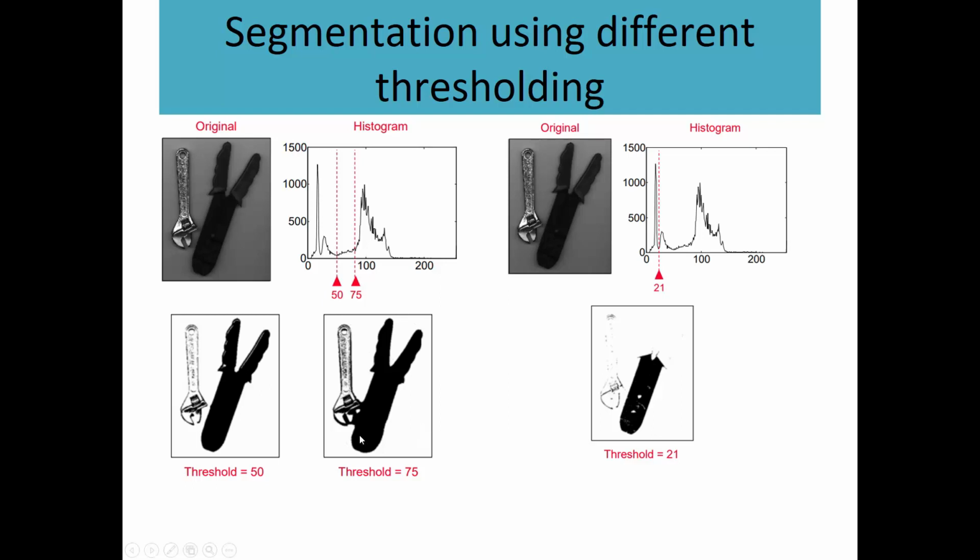If you select a threshold value of 75, you can find that there are some kinds of errors. Even if we select a threshold value that is too low, then there is an error in the figure. So this output image is not clearly segmented. So selection of appropriate threshold values plays an important role in image segmentation.